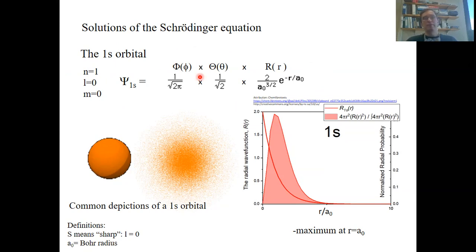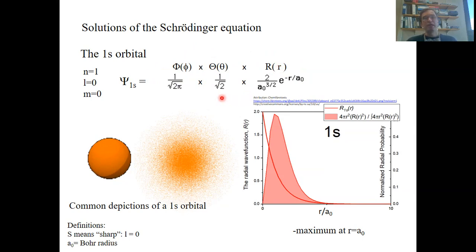You see that the overall wave function is a product of the angular parts of the wave function, that is, the azimuthal part multiplied with the colatitude part, and that angular part is then multiplied with the radial part of the wave function.